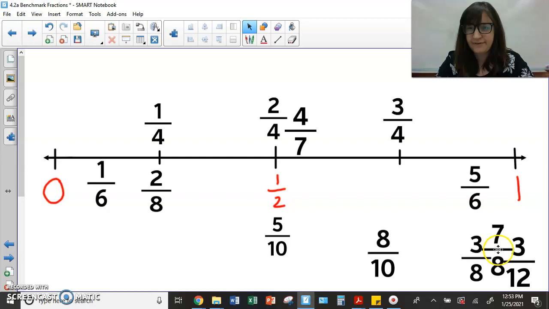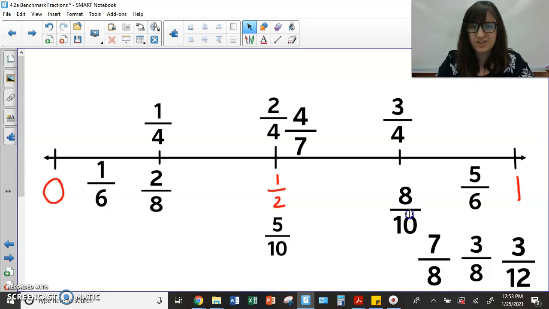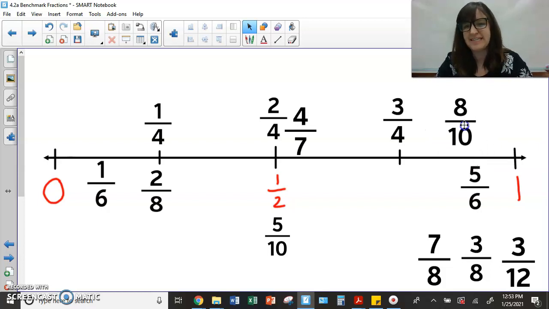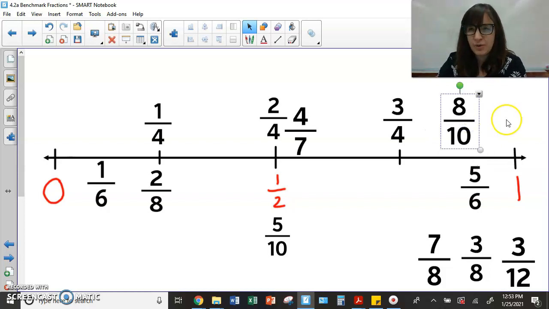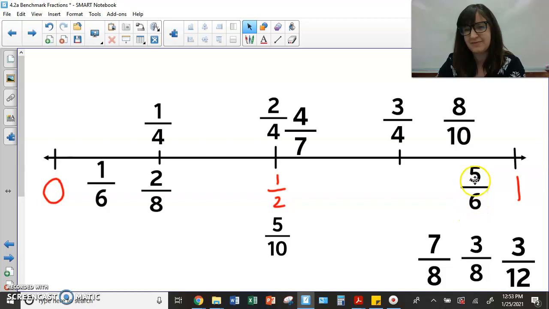Then I have my 8/10, which is probably going to go somewhere over here. I don't quite know. Let's see, 8/10 and 5/6. Well, 8 is 2 away from 10, but the pieces are smaller for my tenths, and 5 is only 1 away.